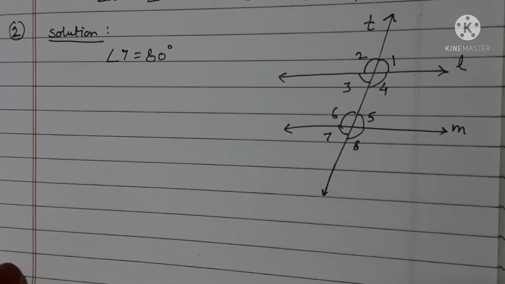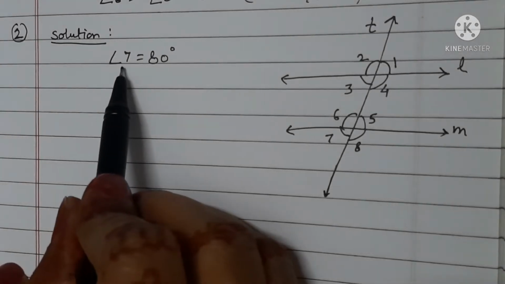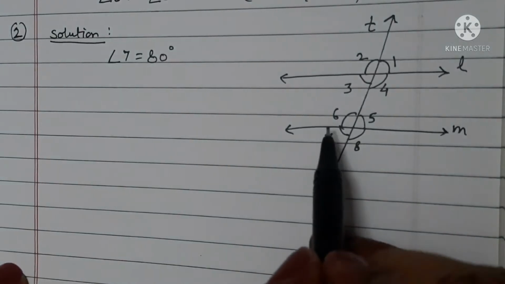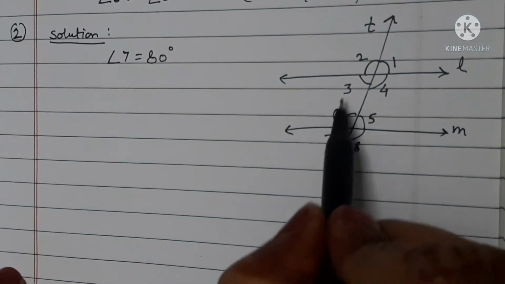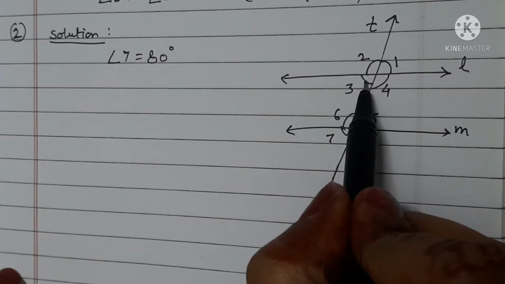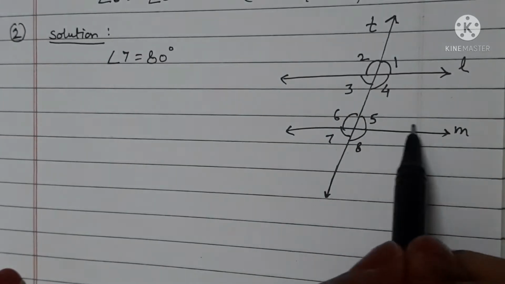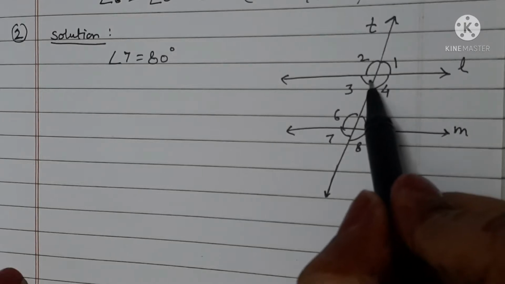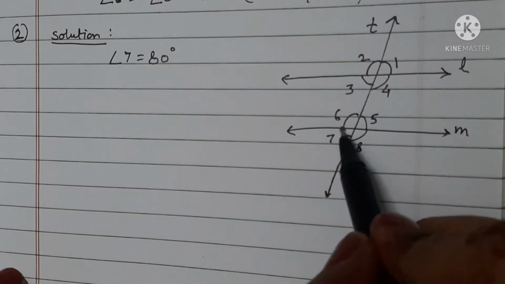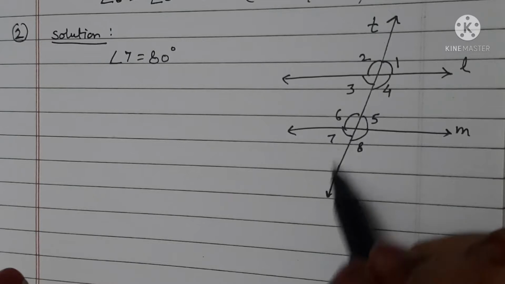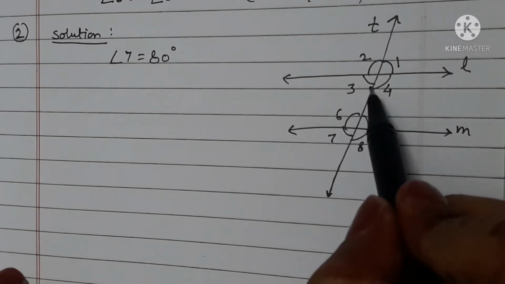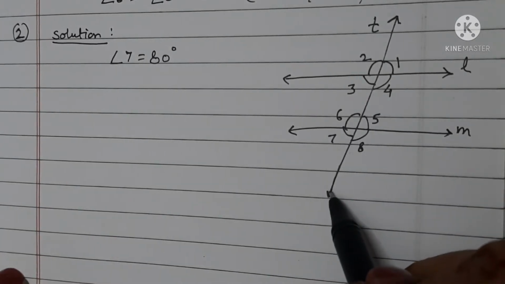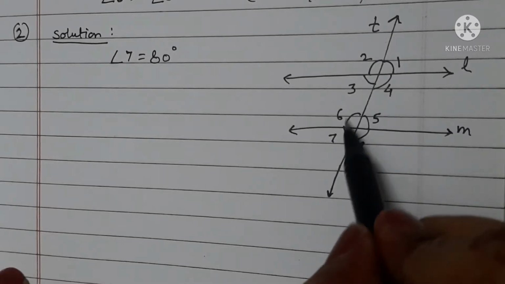So do it. Now see, angle 7 is equal to 80 degrees and angle 7 and angle 3 are corresponding angles. These are parallel lines and this is a transversal, and corresponding angles you will take in pair and in the same direction. So angle 3 and angle 7 are in the same direction. So don't be confused with angle 7 and angle 2.